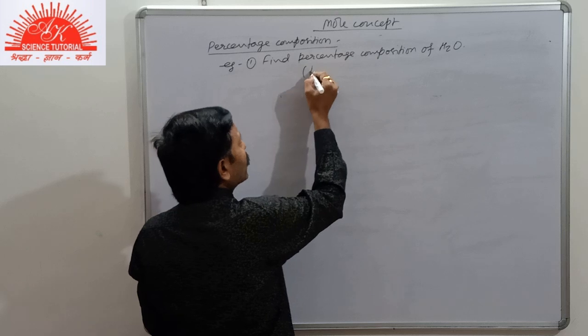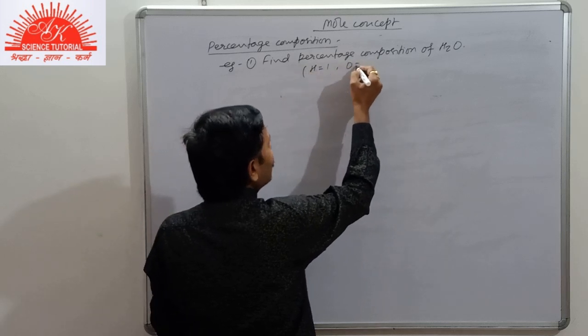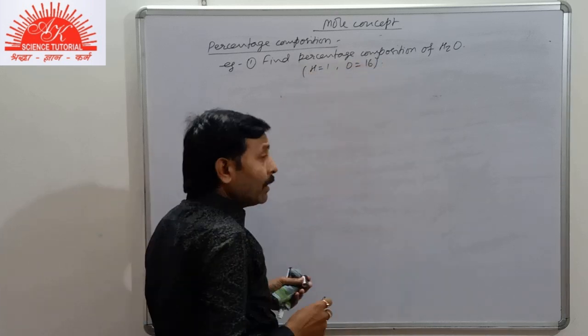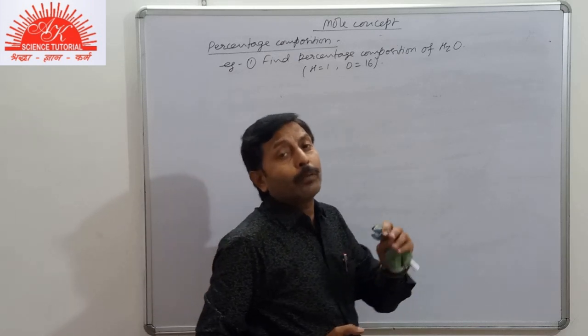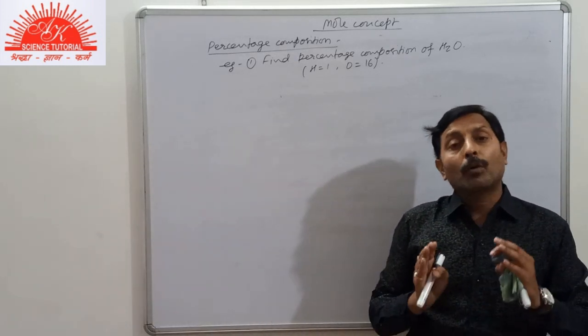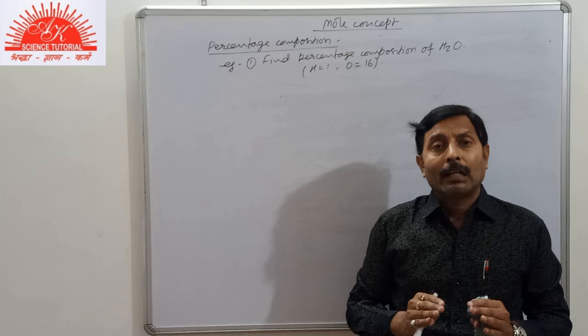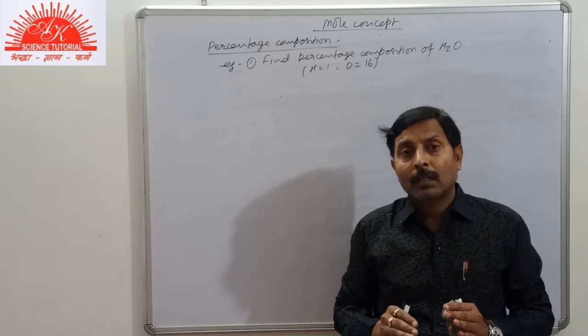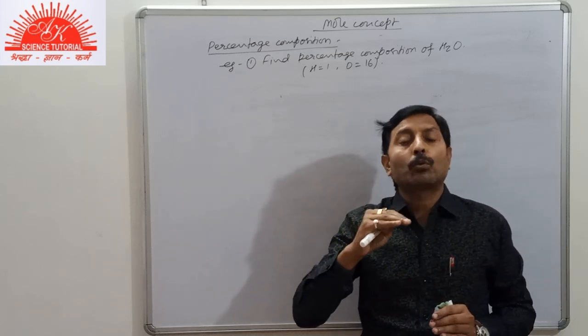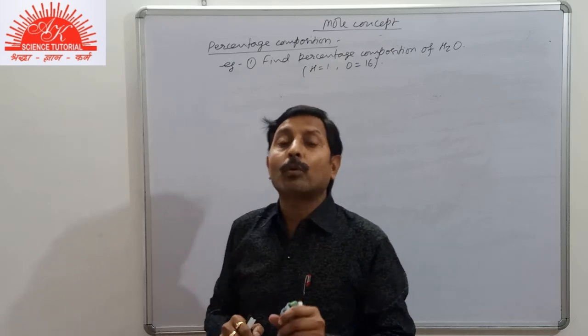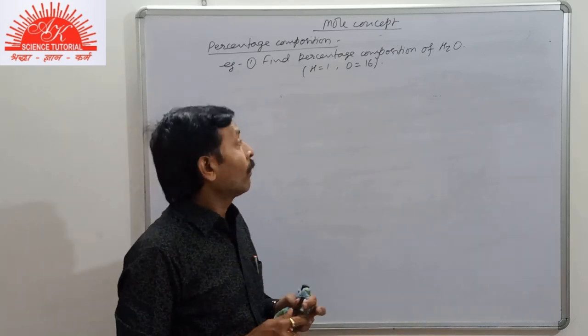In this type of question, atomic masses will be given to you, but every time I suggest you must learn the atomic masses of elements along with their atomic numbers for the elements up to atomic number 20. It will be frequently used.